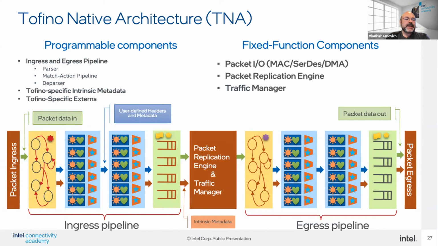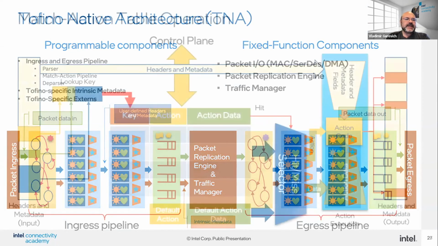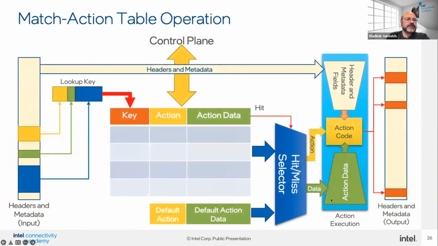And every clock, as we go through these match action stages, the execution units can perform more than 200 operations in one clock. That's what ensures the high performance of Tofino, very different from what would happen if we tried to process these packets using regular CPUs.